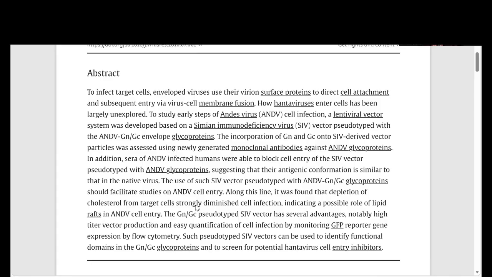But if you were losing your cholesterol in your cells, then you got a lot of other problems too if you're losing your lipid. But this research here could be part of a potential antiviral therapy where you target the surface of the hantavirus, maybe with a monoclonal.